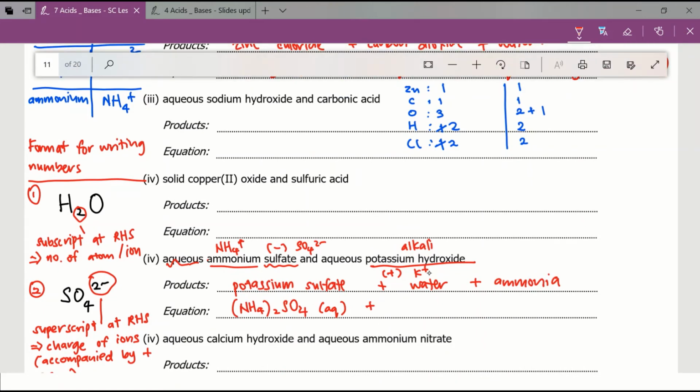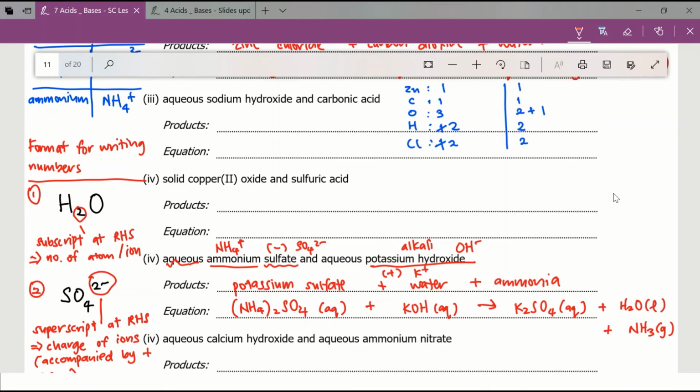Potassium is K plus, hydroxide ion has a formula OH minus. So this is KOH (aq). And I get potassium sulfate. It is K plus and SO4 2 minus. So together that will be K2SO4 aqueous. All salts over here are aqueous states, plus water, liquid, plus ammonia gas, which is NH3 (g).